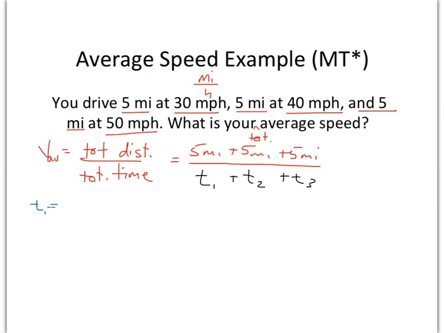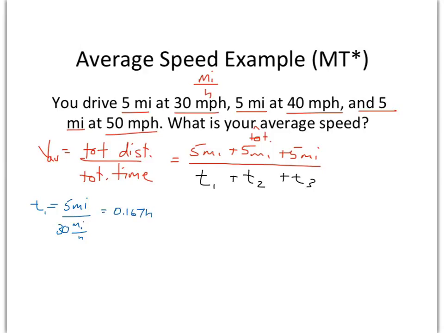Time 1 is the distance, 5 miles, divided by the speed at which it was driven for that segment, 30 miles per hour. Miles cancel out, leaving a unit of hours, which is good because we want a unit of time. So 5 divided by 30, I get 0.167 hours.